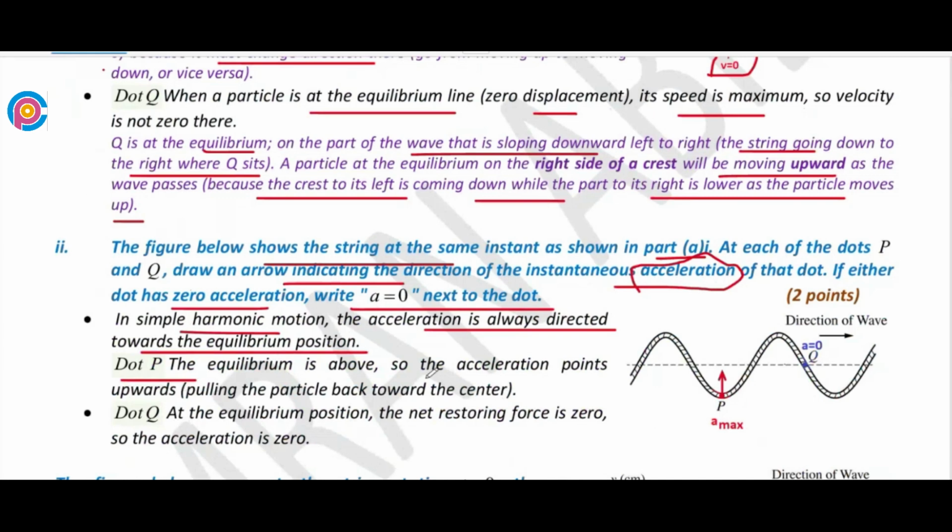In the case of dot P, because P is at maximum displacement, the equilibrium point is below... above the point P, so acceleration points upward, pulling the particle toward the center, as we discussed before. Point Q is at the equilibrium line, so the restoring force is 0, so net acceleration is 0. I have written a = 0 next to Q.